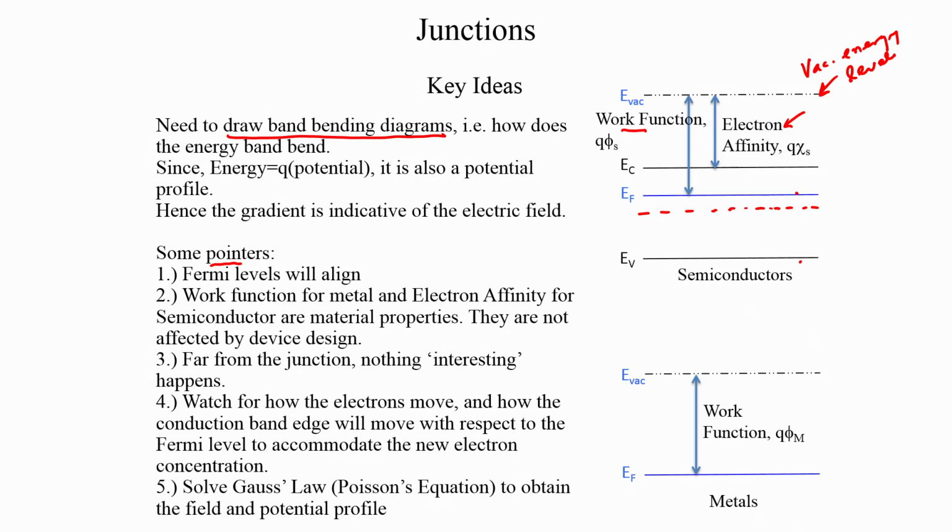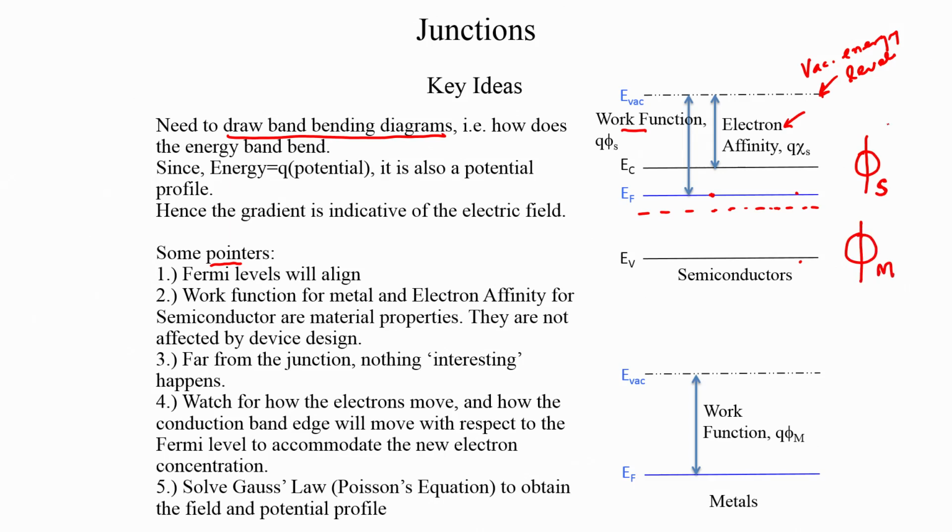The work function is the difference between the vacuum energy level and the Fermi level of the semiconductor. We typically represent the work function by the Greek letter phi, with subscript S for a semiconductor and subscript M for a metal.